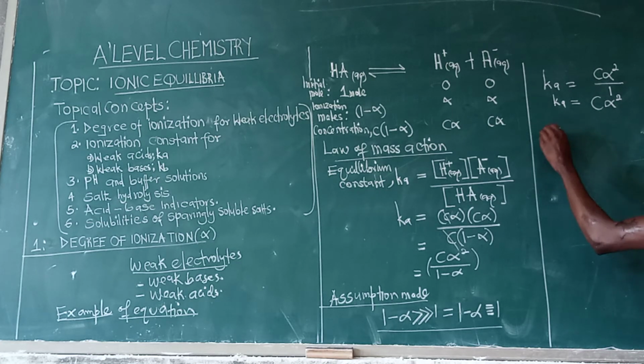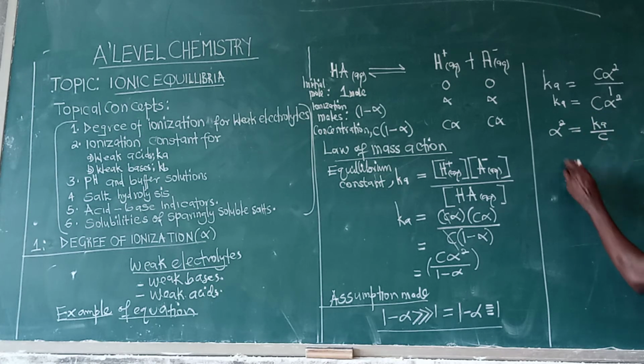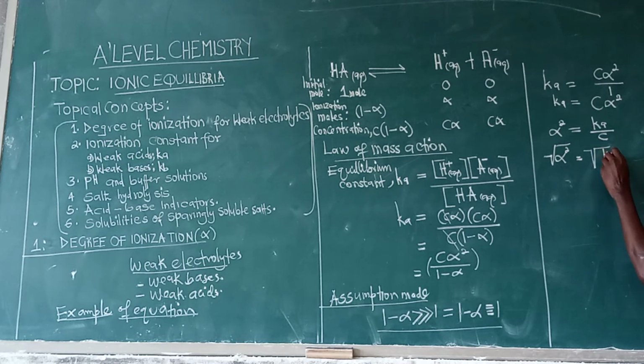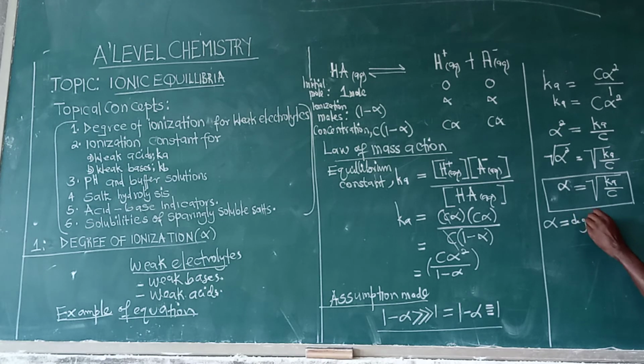Therefore, we shall say alpha square is equal to Ka over C. And since we are interested in alpha, we take the square root of Ka over C, so that we have alpha equals the square root of Ka over C. This becomes our calculation point, where alpha is the degree of ionization for weak electrolytes.